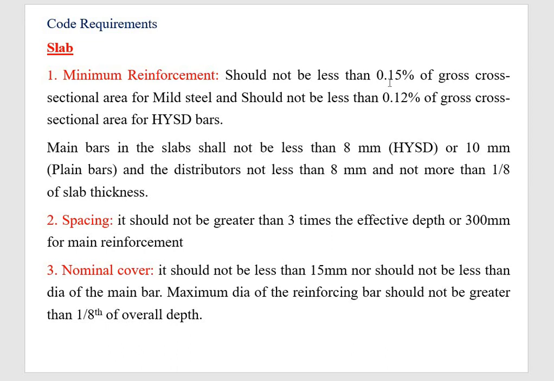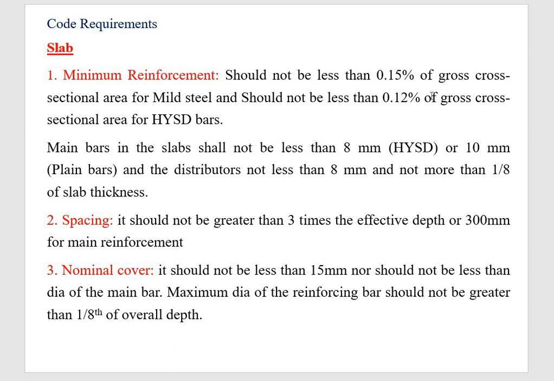That means, for example, what they are telling, gross cross-sectional area means, always in slab we consider a 1 meter strip, because in slab we cannot take any cross-sectional area.